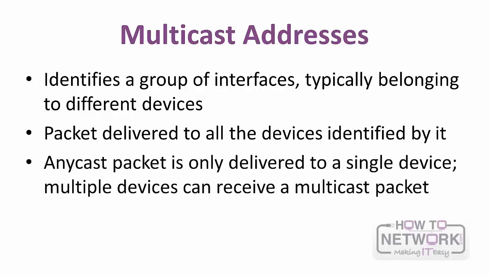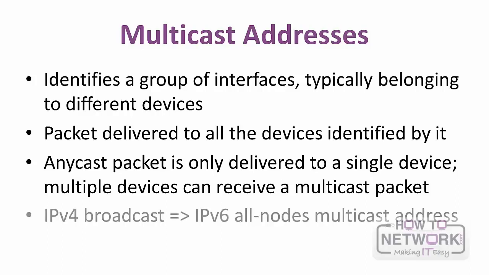So, the difference between an anycast address and a multicast address is that an anycast packet is only delivered to a single device, whereas multiple devices can receive a multicast packet. There are no broadcast addresses in IPv6. In its place is an all-nodes multicast address.